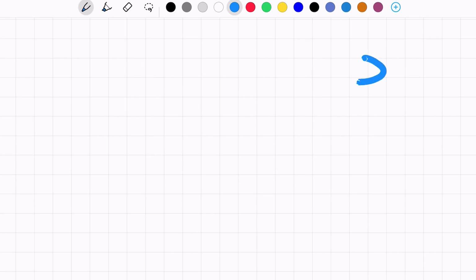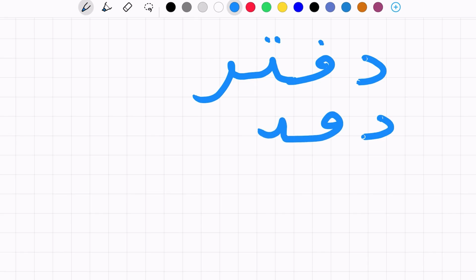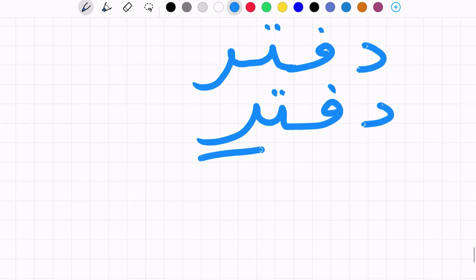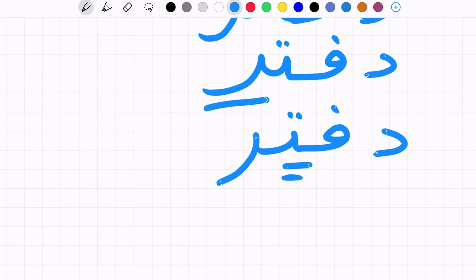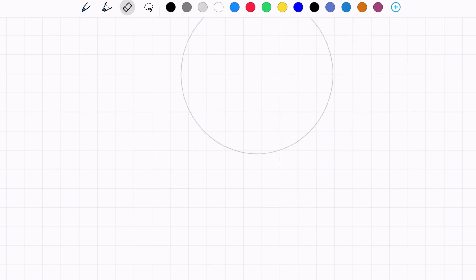So we have dal, D, we have fa, F, and letter T that is connected. Daftar. Da. Tar. And this is the letter R. All right, again. Da, f, tar. So we are focusing on the letter T. Daftar. That's good. Good job.